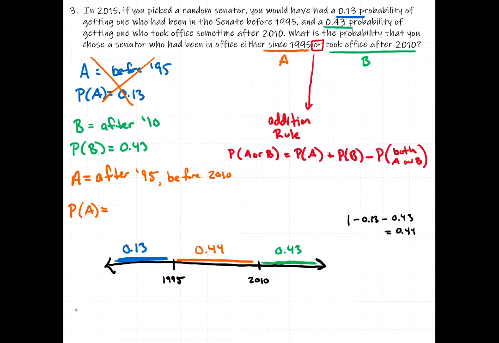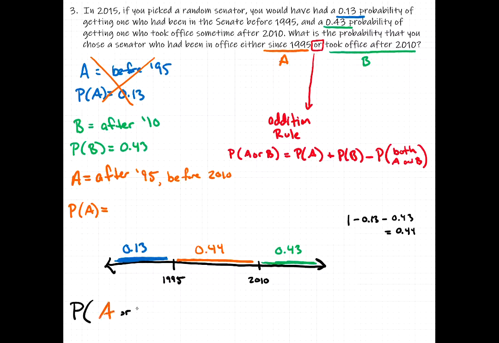So in this problem, we want the probability of A or B. So the probability of A, I'll use orange because that's what we have up here. Let's do it this way.